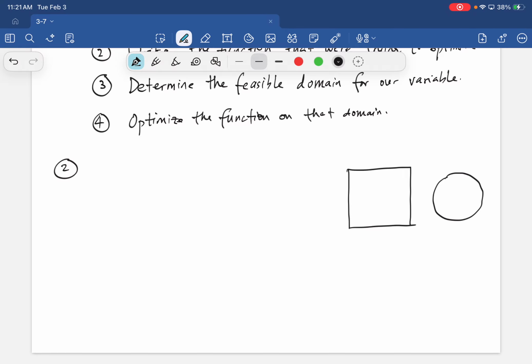So I'm going to plug in my value for x into my equation for r.